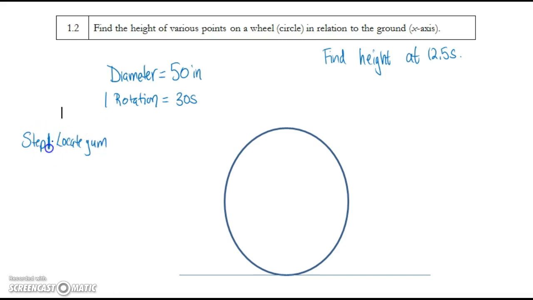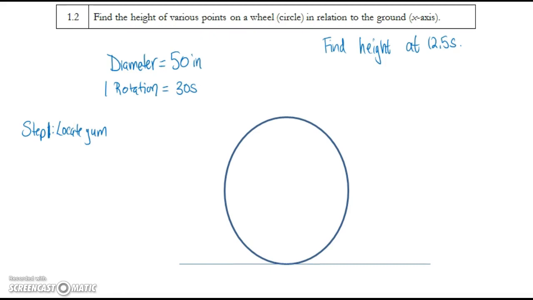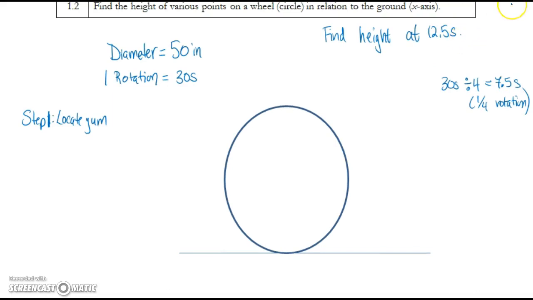Step 1. Okay. So what I like to do is take our total time for one rotation and divide it by 4. So every fourth of a rotation is 7.5 seconds. And that gives me some key values to place around our circle. And then from those key values, we can figure out where 12.5 is.